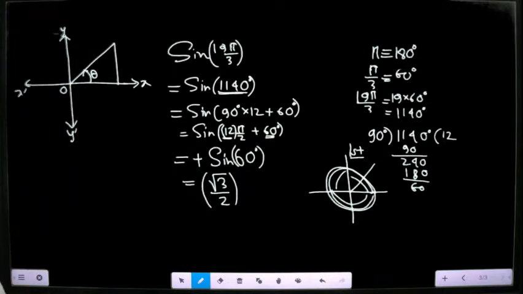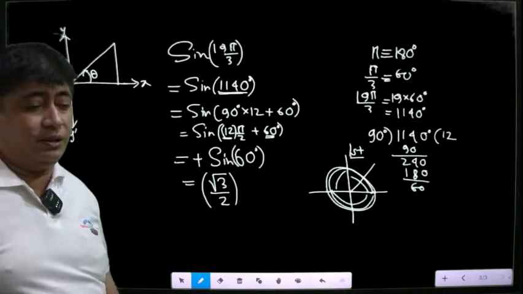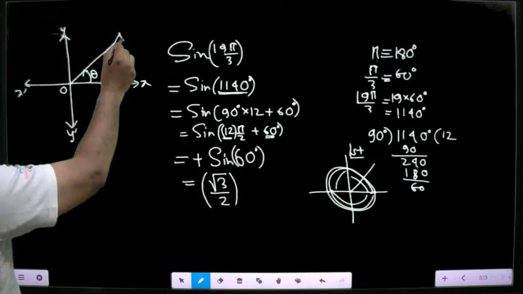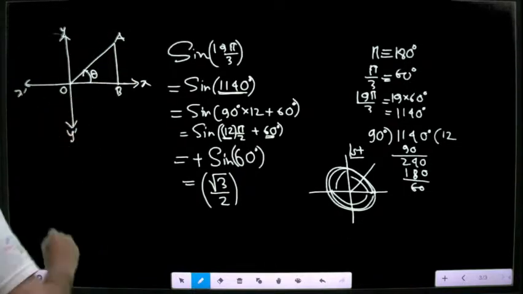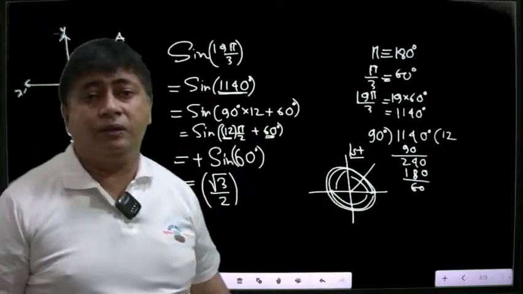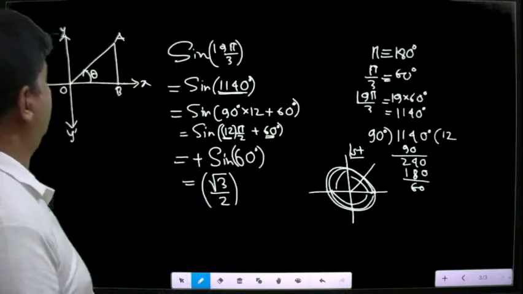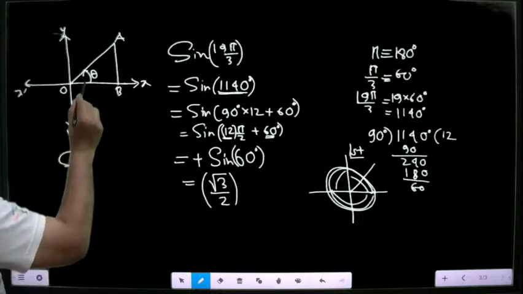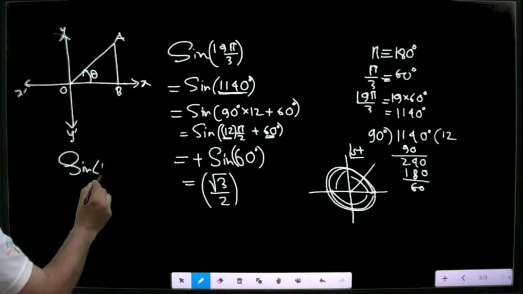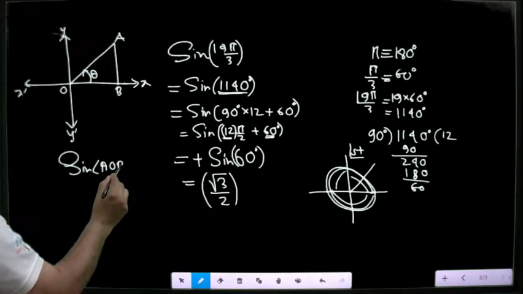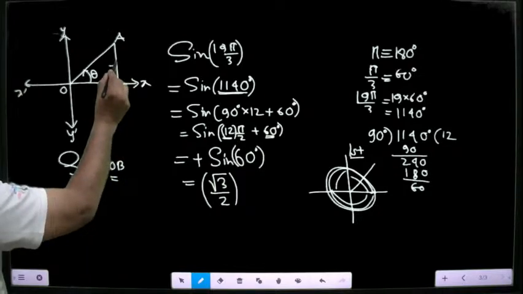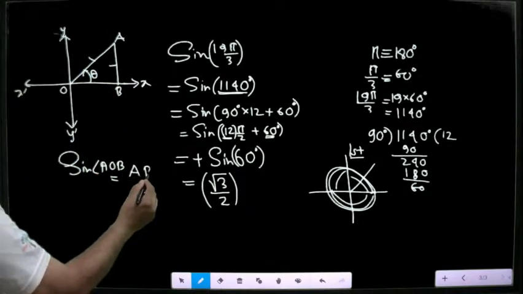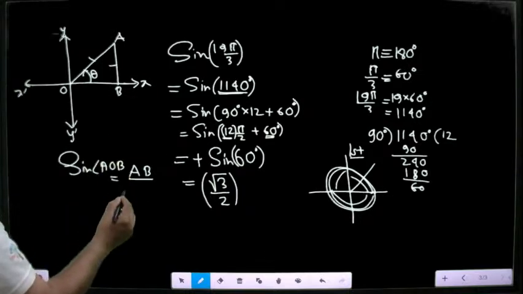Now, this is A, B and O. Understand? See, here sin AOB is equal to perpendicular by hypotenuse, AB by OA.